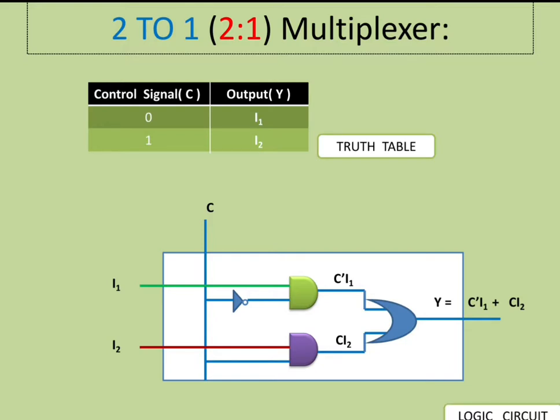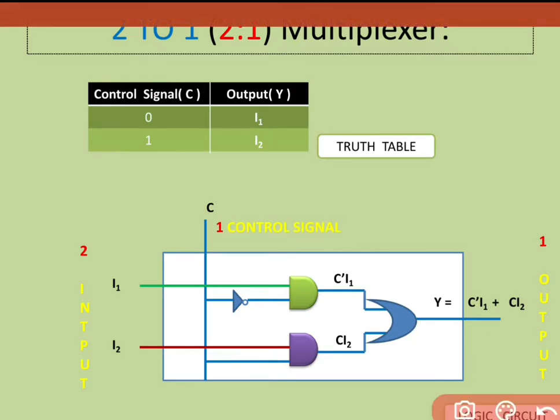See the logic circuit, where we are accepting 2 inputs and providing 1 output with the help of one control signal. This control signal provides us either 0 or 1. When this control signal provides 0, then this negation provides you 1 here, and this one provides you 0.